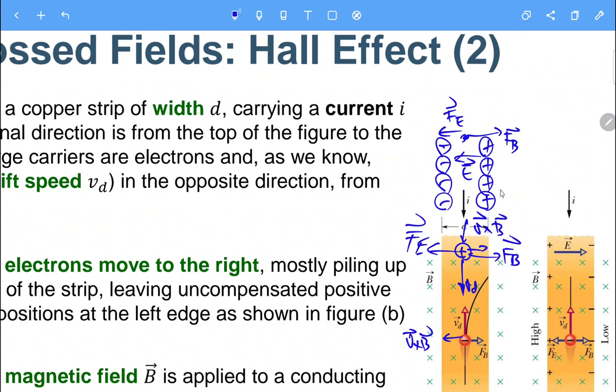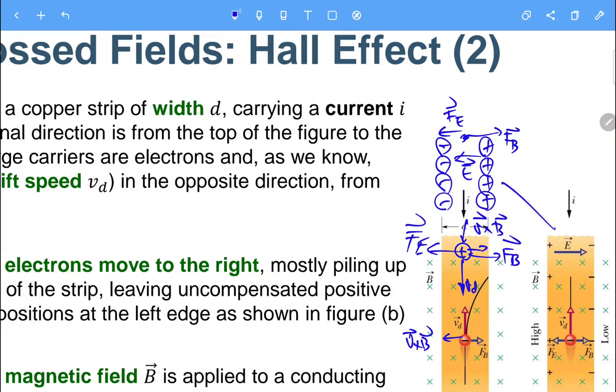But the main difference is that if we assume the charge is negative, then we have a positive voltage on the left side and a negative voltage on the right side. However, if we assume the charge to be positive, then we have positive charge on the right side and negative charge on the left side.